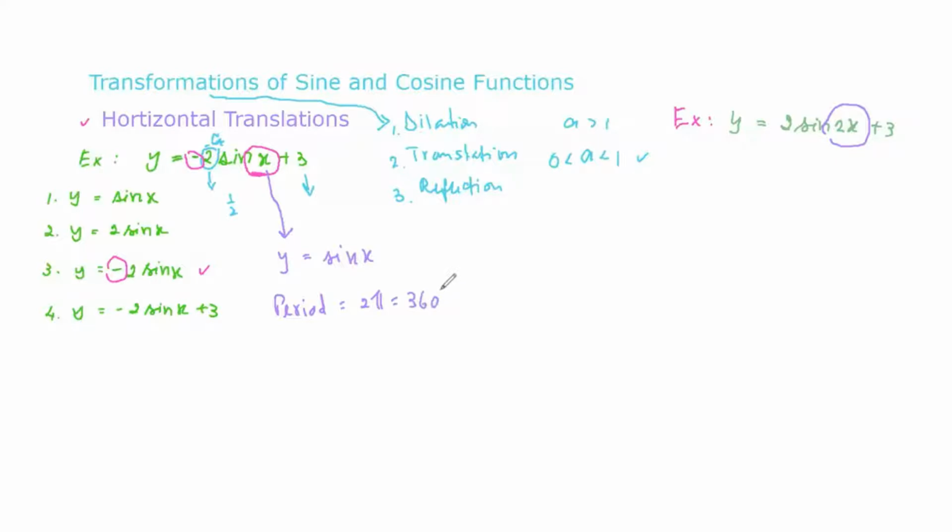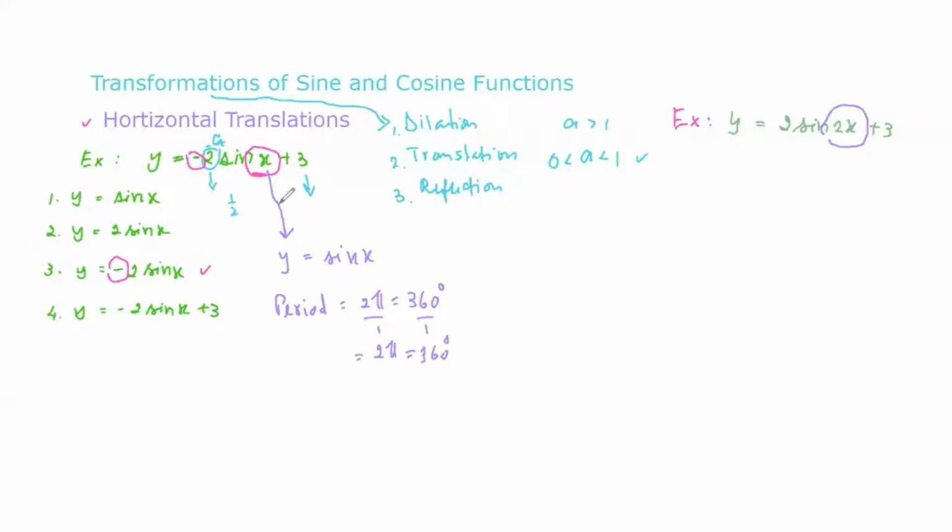Because this is 1x in front, sine x means sine 1x, that means one cycle, so you divide by 1 and it comes out as 2 pi or 360 degrees. That's why every time you plot sine x or cosine x, you know right away the period is 2 pi or 360 degrees. Now if we have 2x, it is going to be 2 cycles, correct? So in this case, we can find our period.